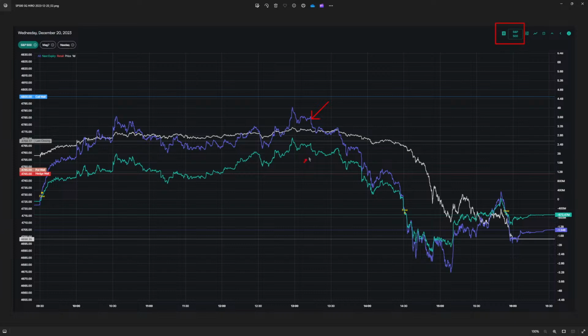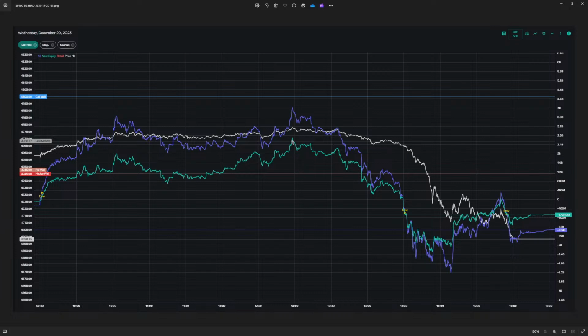And then the green line, the teal line, is showing 0 DTE trades. So that's really next expiry, and for the S&P 500 that would be 0 DTE trades. And note the very strong correlation between these two lines, how close they are together, indicating a lot of the trade yesterday was options trades, was 0 DTE trades.